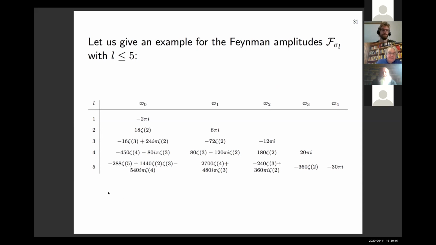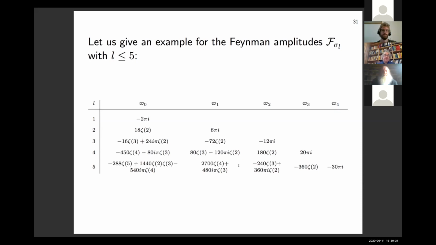So you have, for instance, for the 5-loop graph, you have to take minus 288 sigma 5 plus 144 sigma 2. I also put the pi into sigma because it reads nicer. And then sigma 3 and so on and so forth. And if you want to have the leading logs of the Feynman graph in the high energy expansion, you just look at this. So this is true for all loops.